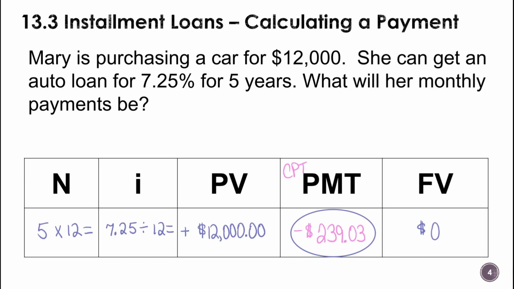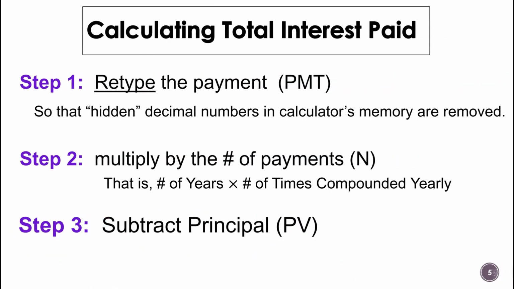Time value of money. Now we're going to calculate total interest paid. There's a certain process you go through so that you can figure this out in the end. First, we retype the payment.